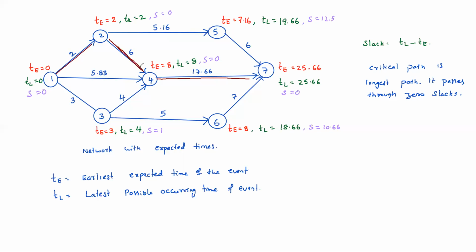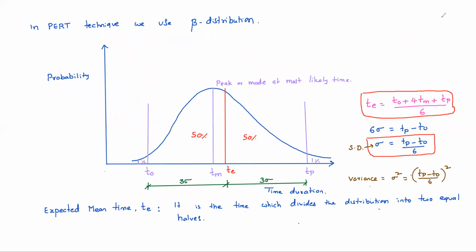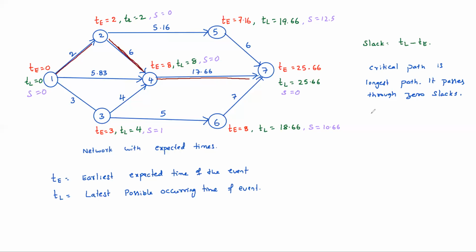After calculation of these expected times, it is similar to the critical path method to find the critical path. Was it clear? Yes, sir. Here the critical path is 1247.